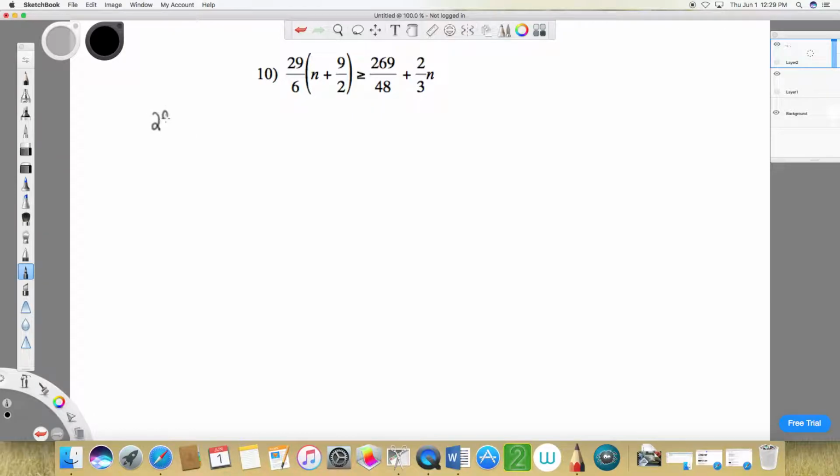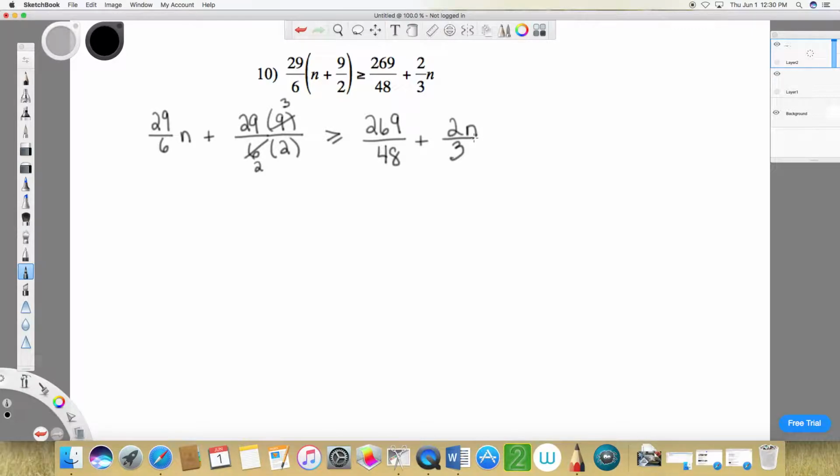So I have 29 over 6 times n plus, and when I multiply these together, well, actually, let's just write it as 29 times n and 6 times 2 because I can reduce. 3 goes into 6 twice, 3 goes into 9 3 times, so I can reduce that fraction. We have 269 divided by 48, plus 2/3 n.